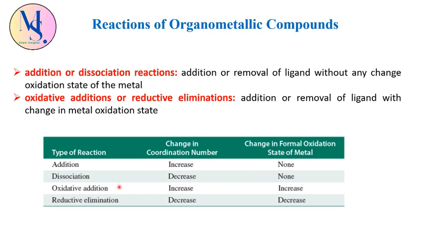In oxidative addition reaction in which ligand is added in an organometallic compound, coordination number increases with increase in oxidation state of metal. And in the case of reductive elimination reaction, when a ligand is removed from a complex, coordination number decreases as well as its oxidation state also decreases.